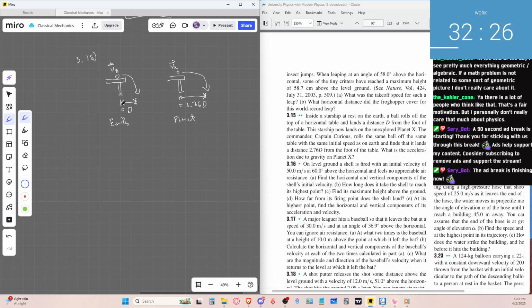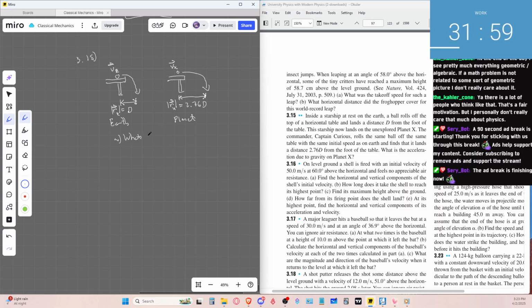So we'll just label this R for the magnitudes. So Rx and RE for Earth. Okay. Now, let's just write down the question so that we don't lose track of what we're supposed to be solving here.